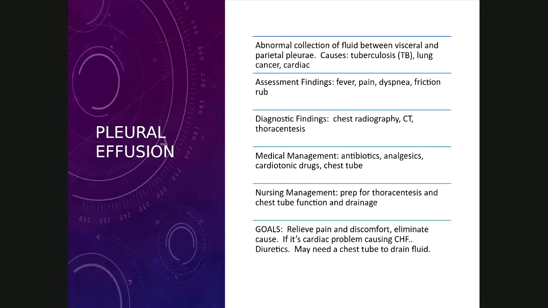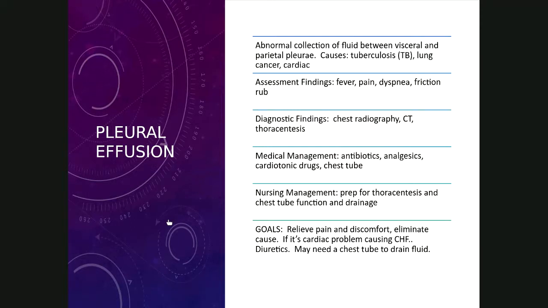Okay, so we'll move on to pleural effusion. Pleural effusion is simply a collection of fluid between visceral and parietal pleura. It can be caused by tuberculosis. It can be caused by lung cancer. It can be caused by cardiac disease such as heart failure.